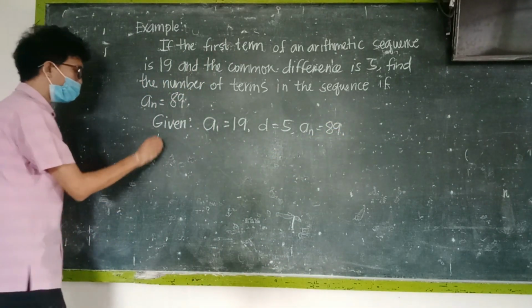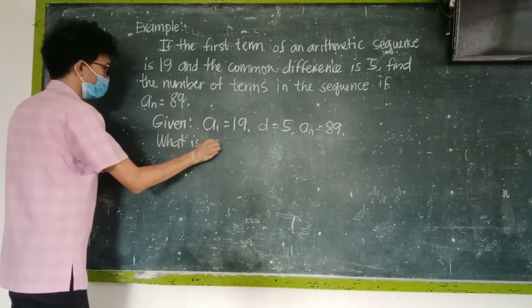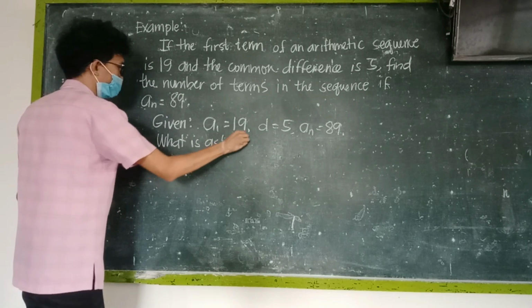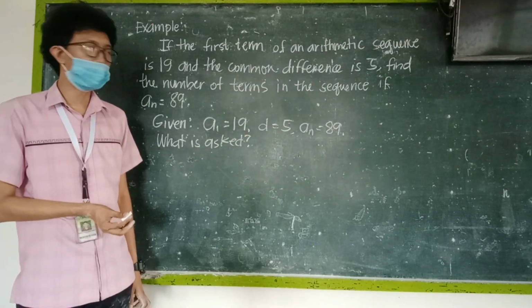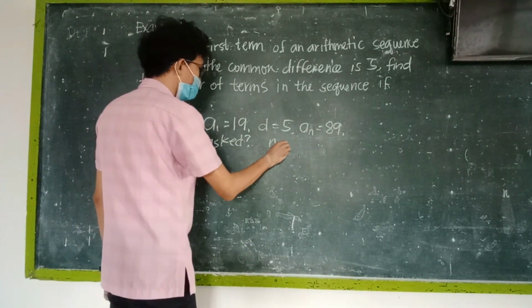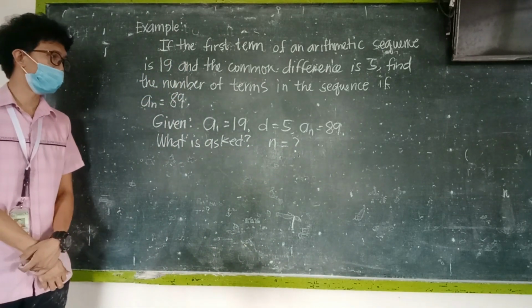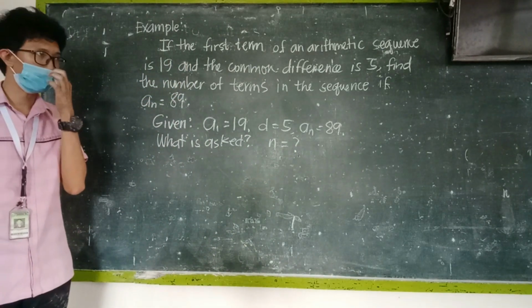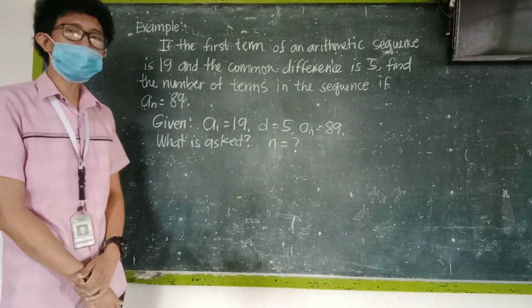Now, ano ba yung hinahanap natin? What is being asked? Based sa ating problem, ang hinahanap natin dito is yung value ng n. So in this case, n is equal to, we don't know yet, since yun ang hahanapin natin. Sa tatlong formula ba na na-introduce natin, ano bang gagamitin natin?